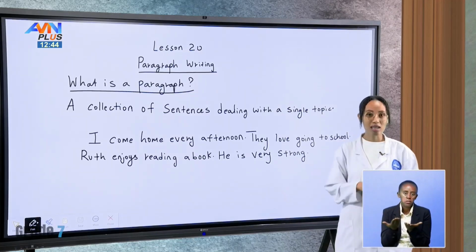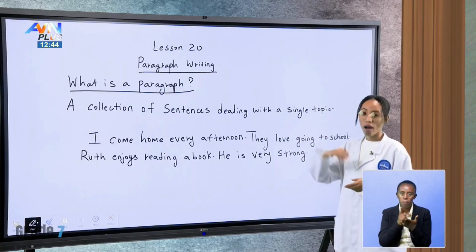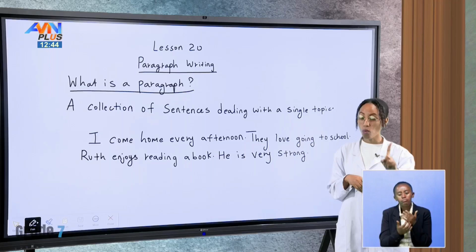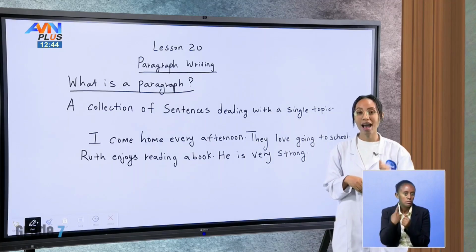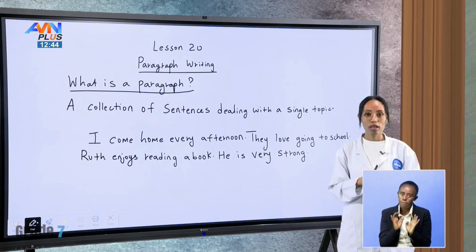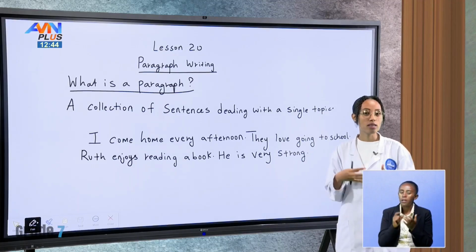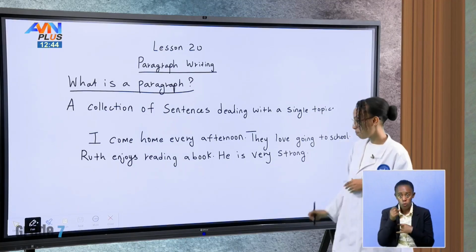So we cannot say this is a paragraph because a paragraph deals with only one single topic at a time. So let's go on to see how we can write paragraphs. What are the elements of paragraphs?